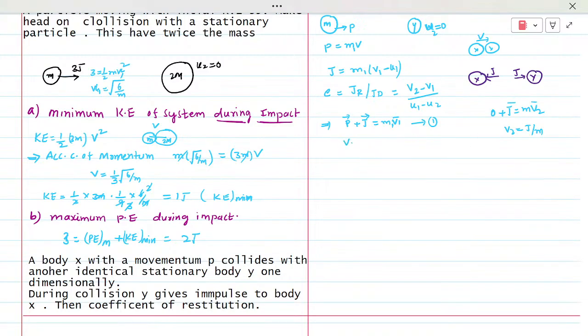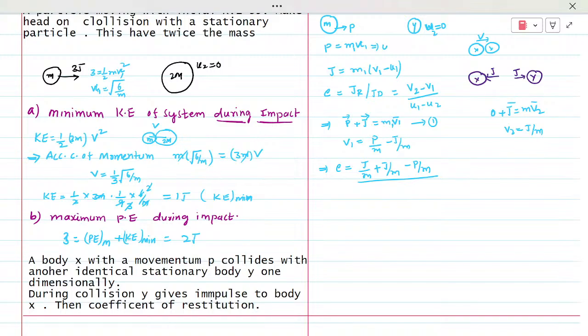Therefore v1 is equal to P by m minus J by m. u1 is also P by m, u2 is equal to 0. Therefore e is equal to (v2 minus v1) by u1, which is J by m plus J by m minus P by m, divided by P by m.